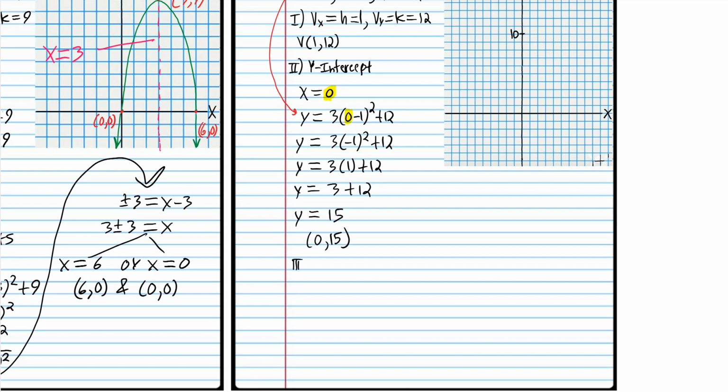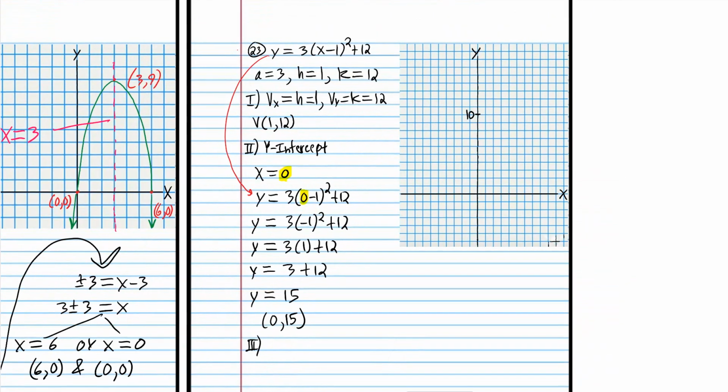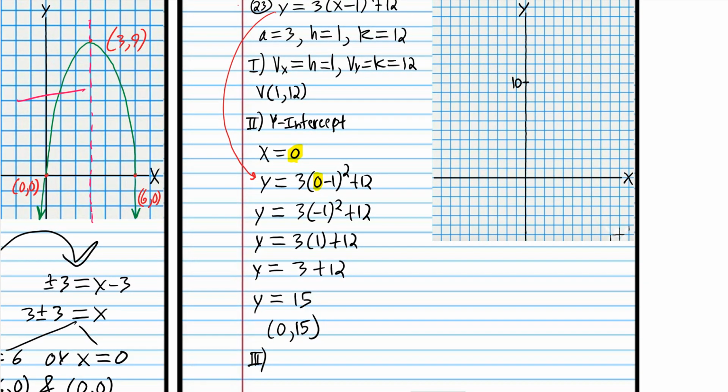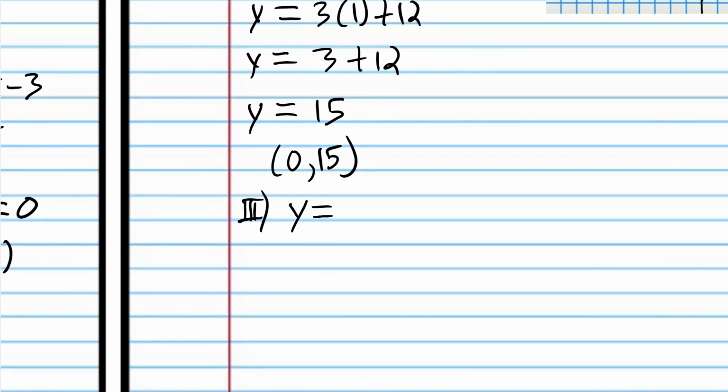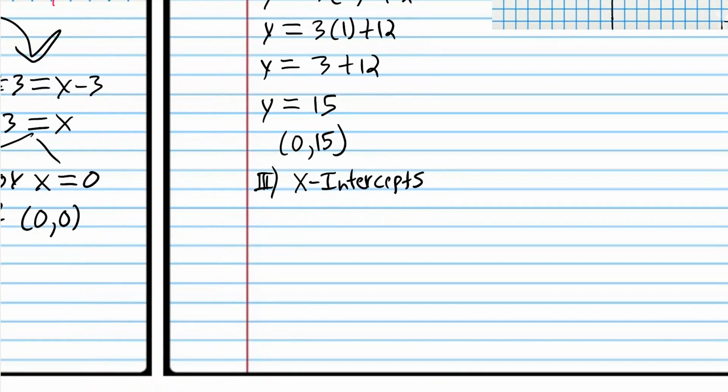Now we're going to find the x-intercepts. And what we're going to find is that there are no x-intercepts. Now remember, to find the x-intercepts, you let y equal 0. Well, first of all, let me label what we're doing here. So we're finding the x-intercepts, and we're going to let y equal 0 in the original equation.